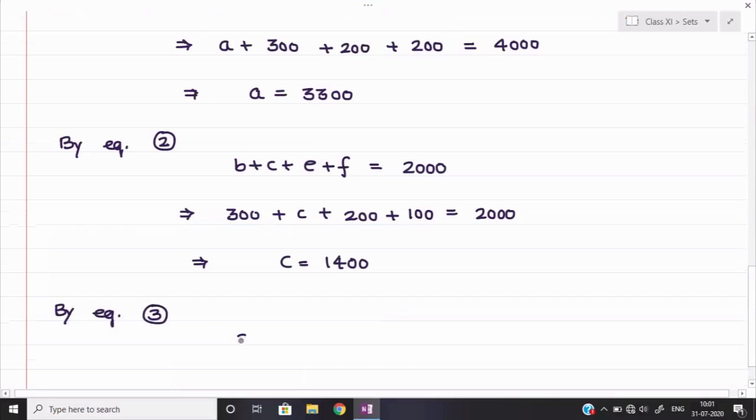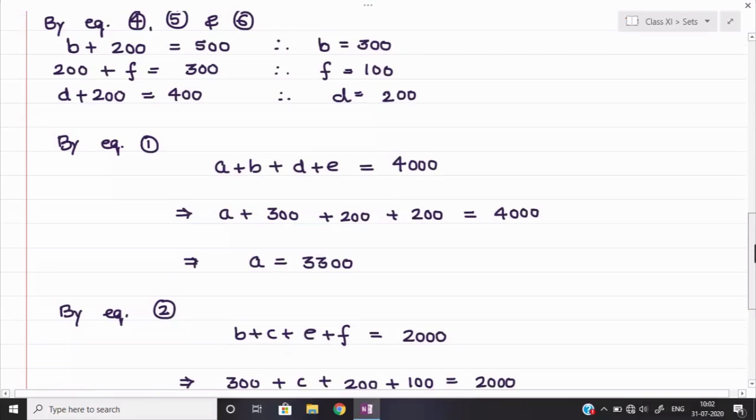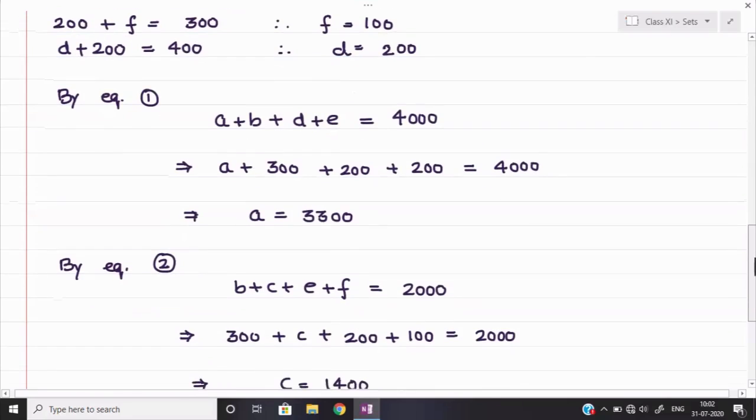We can say that D plus E plus F plus G is equal to 1000. Okay. Now value of D, how much do we have? D we shall check once. D I think 200. Yes, correct. D is equal to 200.